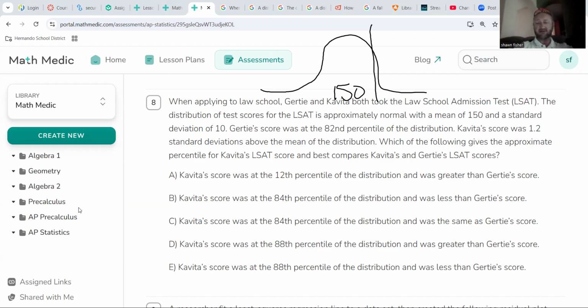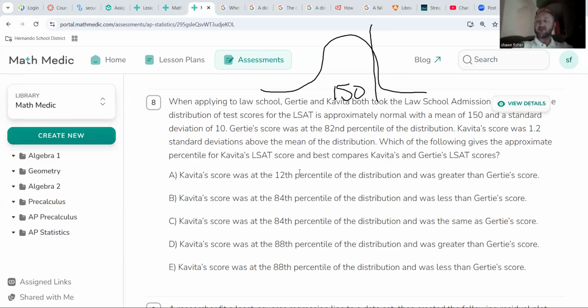Well, that's really not the question, but I just wanted to show you that. Okay. How do you convert percentile into a score and the score into a z-score? Remember, z-score is how many standard deviations above or below the mean a given value might be. Okay, that's how you use your calculator.